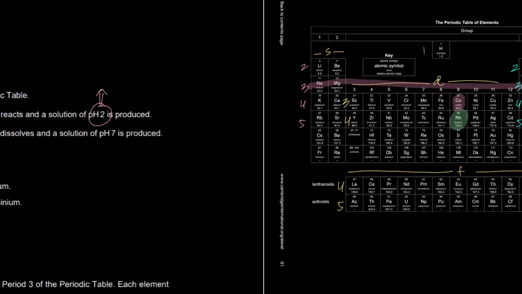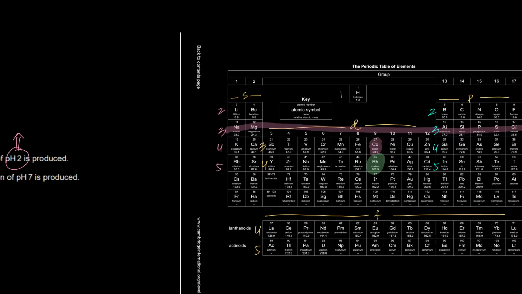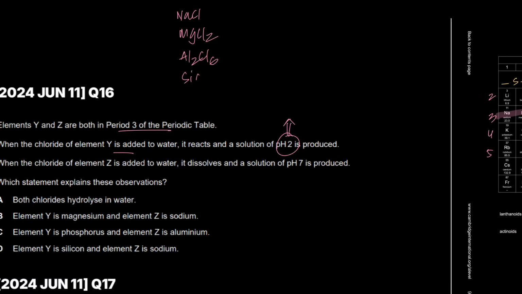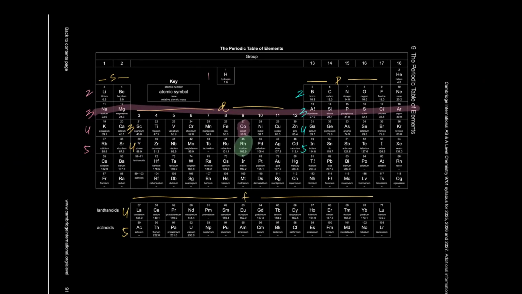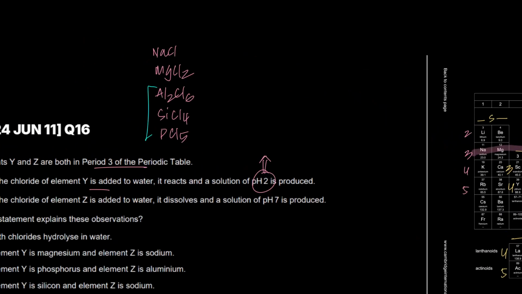If you look at your period 3, you have sodium chloride, magnesium chloride, aluminum chloride, silicon chloride, phosphorus chloride, PCl5, and sulfur and chlorine and argon do not form any chlorides. Chlorine is already chlorine, and sulfur for our course does not form any chlorides, right? Now aluminum chloride gives around a pH of 3, and these two give about a pH of 2, right?